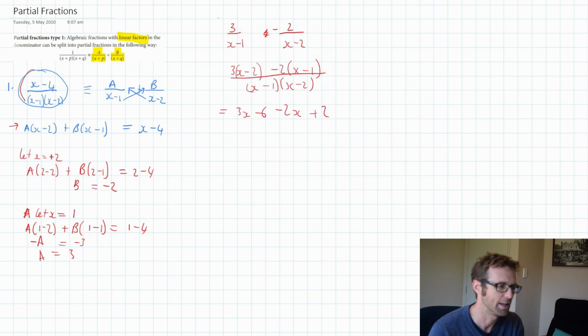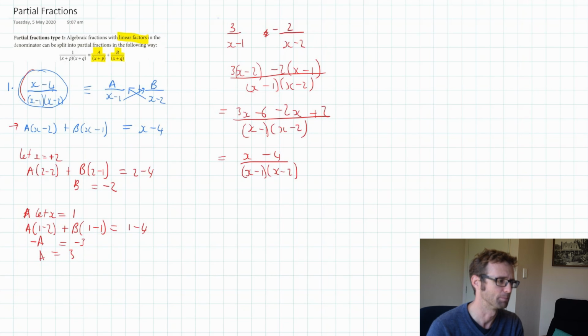And that's going to be all over x minus 1 bracket x minus 2. And that will simplify on the top to x minus 4 all over x minus 1 and x minus 2. Which is what we started with. So we have expressed this in partial fractions correctly. So that's how you do it when you've got linear factors.